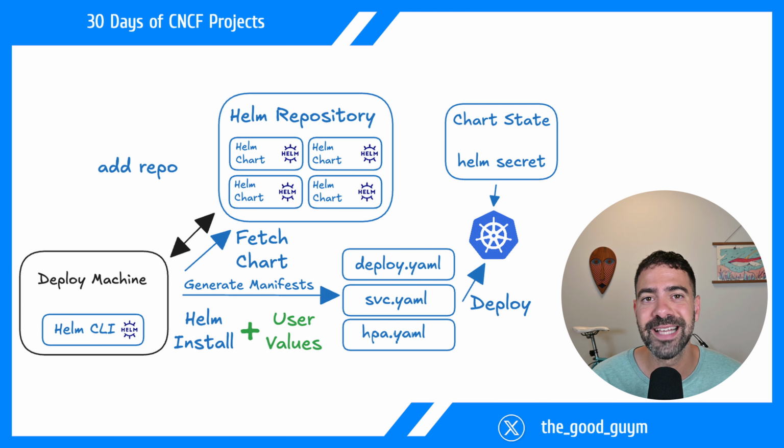Because it's a client-server architecture, when another client tries to understand which chart is installed in that namespace, the state needs to be kept in some place that is accessible to both. This is why the client that does the installation will keep the state information in a secret in the namespace, and the next client will be able to fetch this information. And this is how the end-to-end installation flow of a Helm chart works.